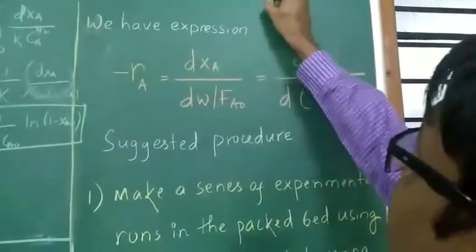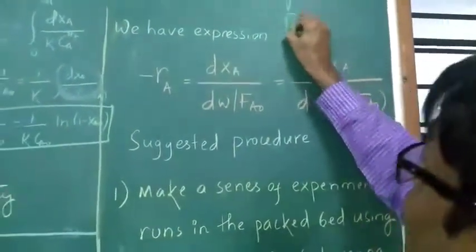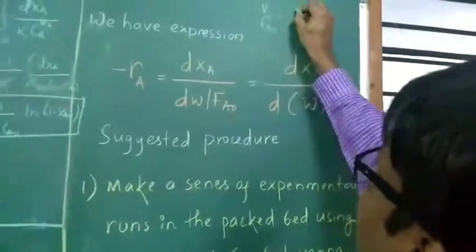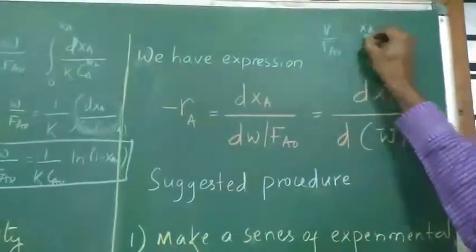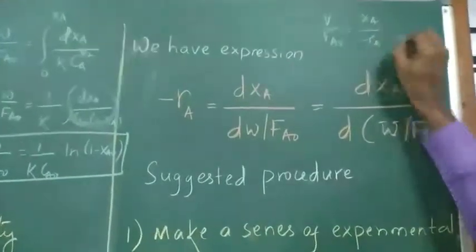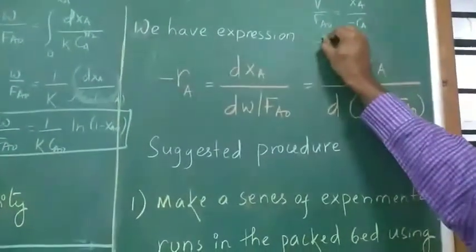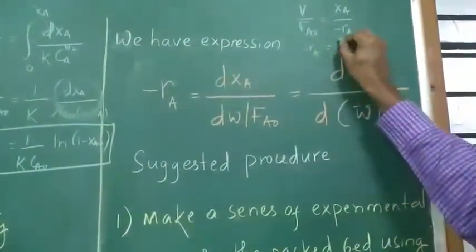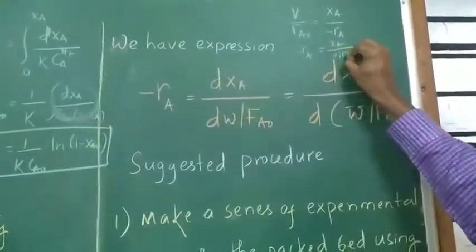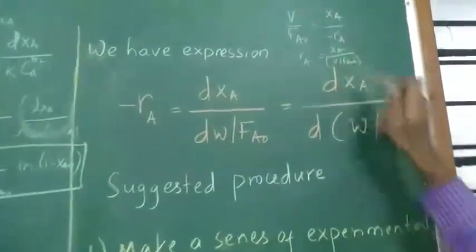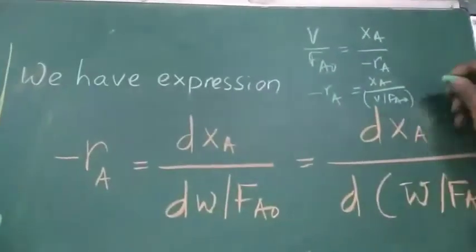V by FA naught is equal to XA by minus RA. So therefore you can calculate minus RA is equal to XA divided by V by FA naught. Can you see this one? Okay, it is similar. So therefore both values are varying.